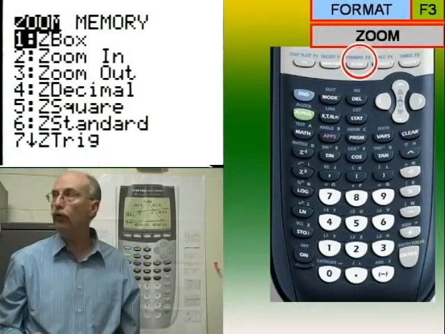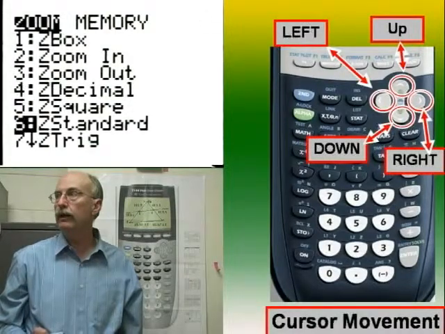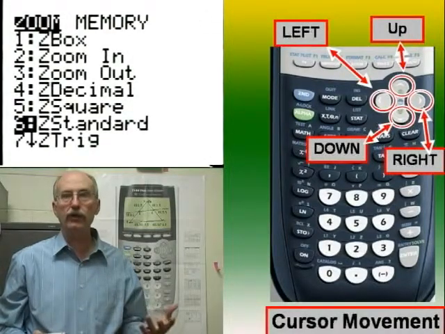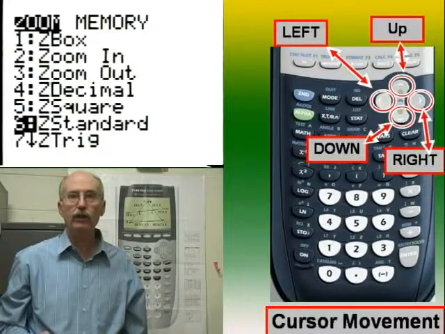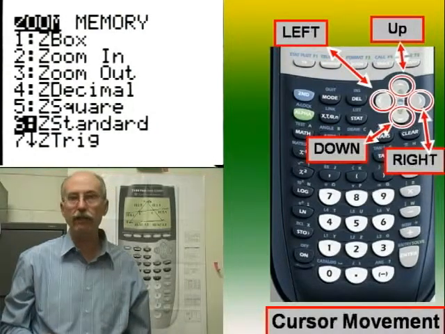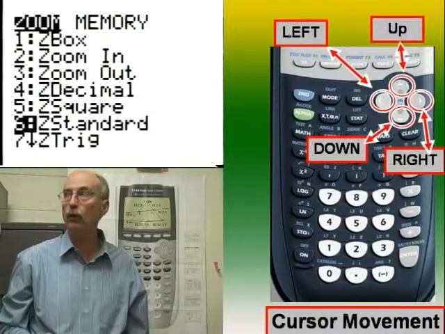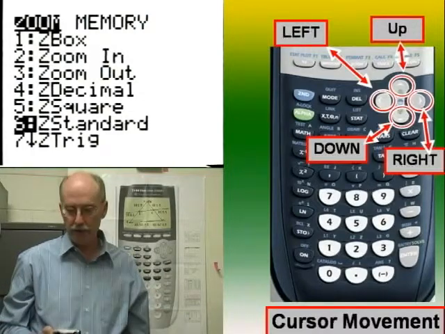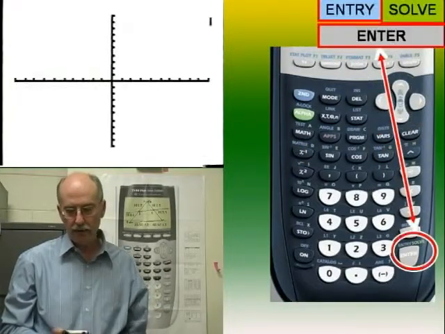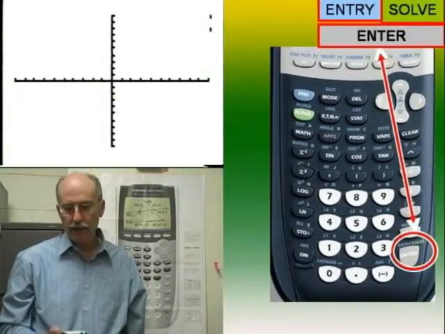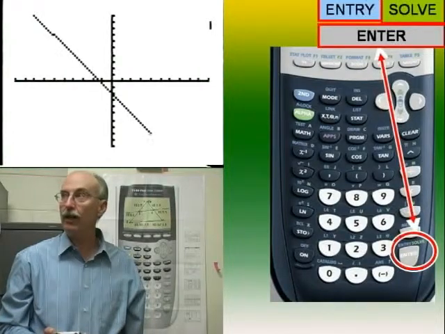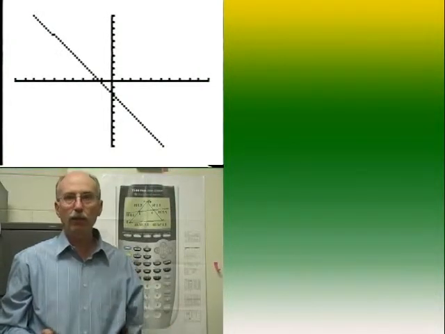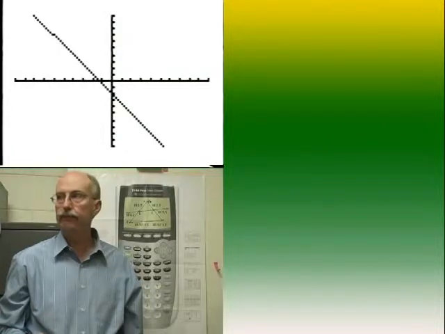We're going to go down to zoom standard. Zoom standard always sets us to the standard window, which is plus and minus 10 for the x value, and plus and minus 10 for the y value, with the tick mark every space. Let's hit enter, and you can see that in a second our line comes back, but we've lost the parabola.